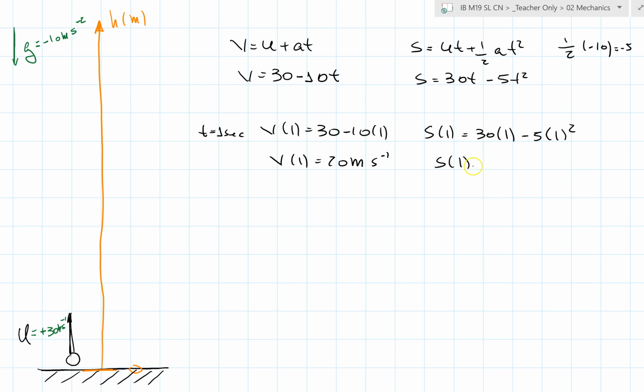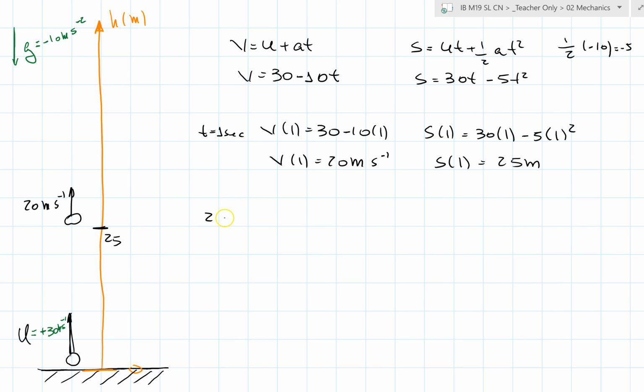So s of 1 is going to be 25 meters. So this rock is going to be at 1, 2, 3, 4, 5, roughly here, 25 meters above ground, moving up with a velocity of 20 meters per second.